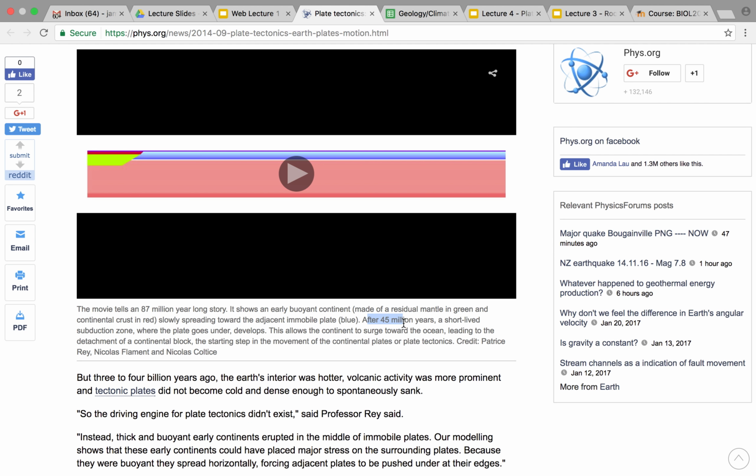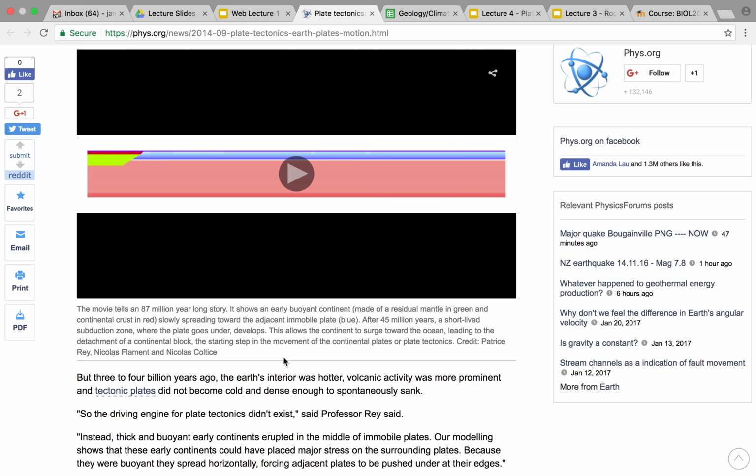After 45 million years, a short-lived subduction zone where the plate goes under develops. This allows the continent to surge toward the ocean, leading to the detachment of a continental block, the starting step in the movement of the continental plates, or plate tectonics.